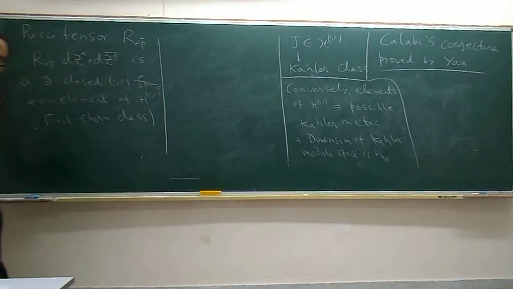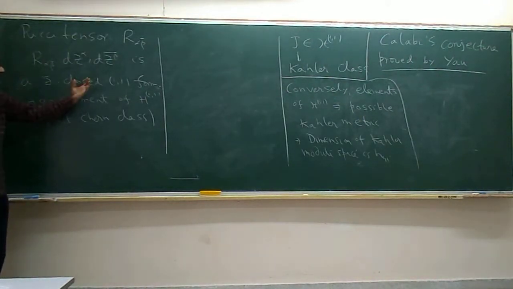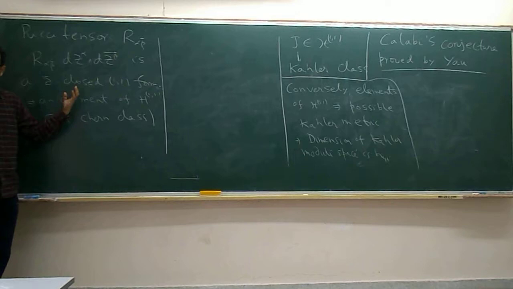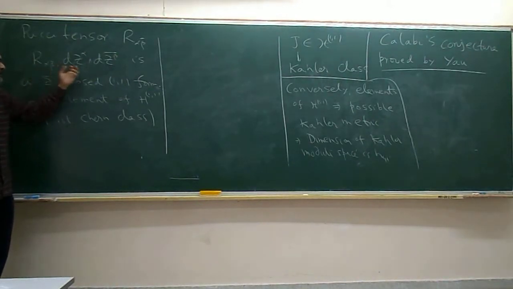Okay, now for a Calabi-Yau manifold, we have been saying that it's Ricci flat. Ricci flatness is in fact a very important property that you want because it solves Einstein's equation. So it's clear that if we put a Ricci flat metric, then the first Chern class is 0. It is identically 0, right? R alpha beta bar is identically 0.